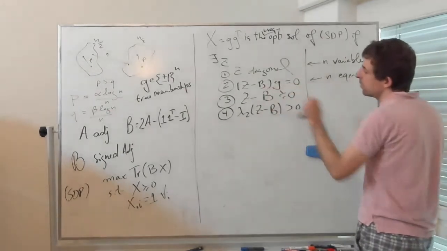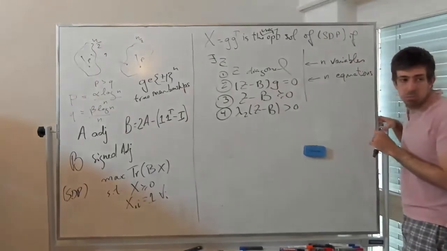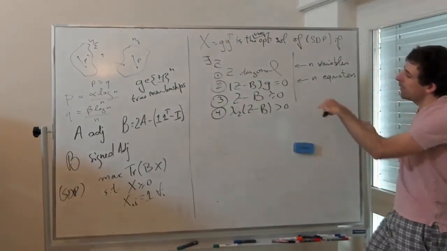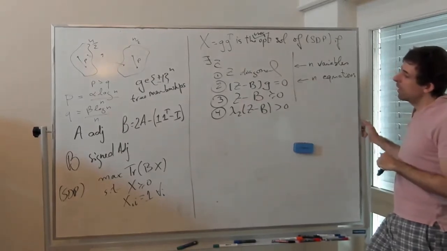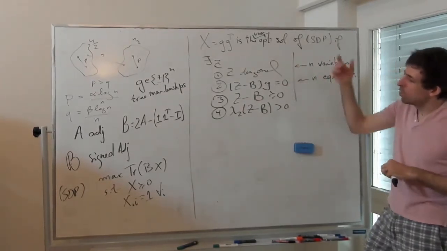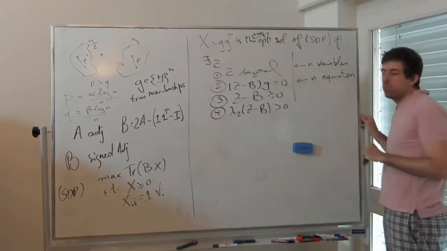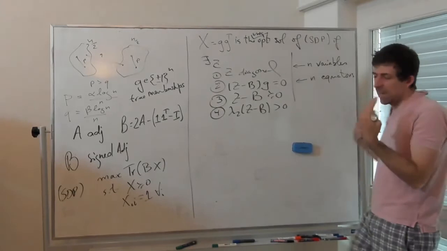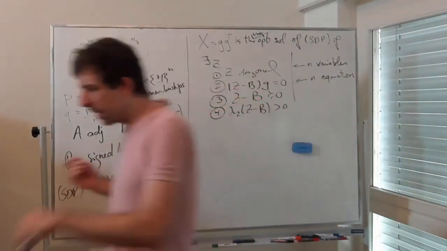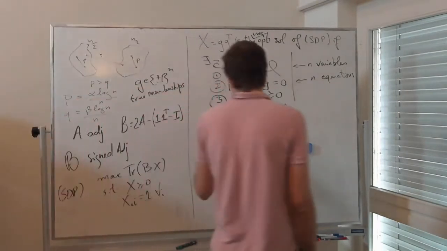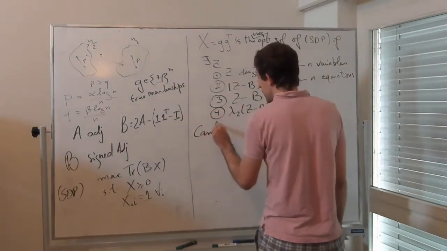Provided there's no degeneracy, there should be only one possible solution out of conditions 1 and 2. So we use 1 and 2 to come up with a candidate Z, and then check whether it verifies 3 and 4.